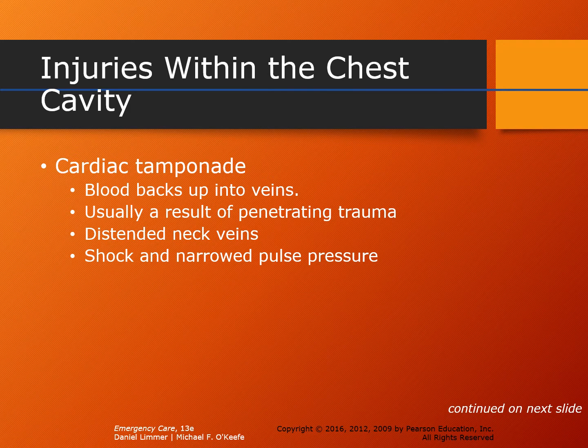But I will say this: if your patient has a distended jugular vein, or has JVD, jugular vein distension, as we refer to it in my class, that's a pretty good indicator that the patient is dealing with cardiac tamponade. It's very obvious.